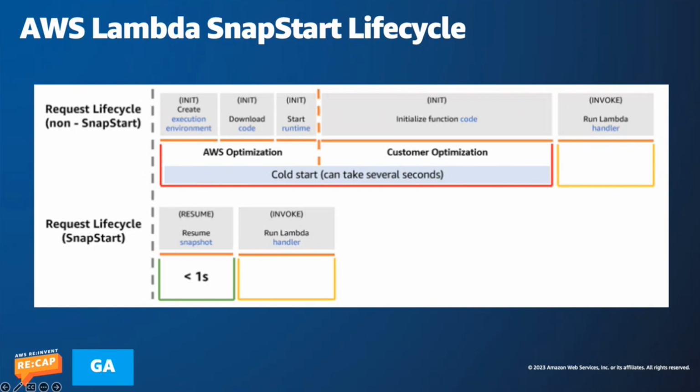So in the init phase, which is when we create an execution environment, download the source code, and start the runtime. Sometimes this is the one that takes a lot of time. And then once we enable SnapStart on a specific Lambda function, the flow for a new version will look like this: you just publish a new version of that function, and then the process will run through the entire init phase.